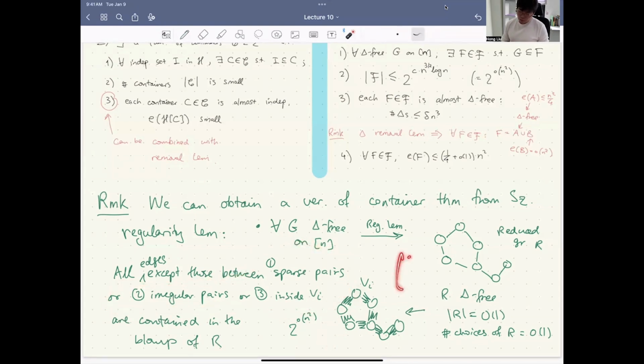That means you can just sprinkle little o of n squared edges over these to get the container.